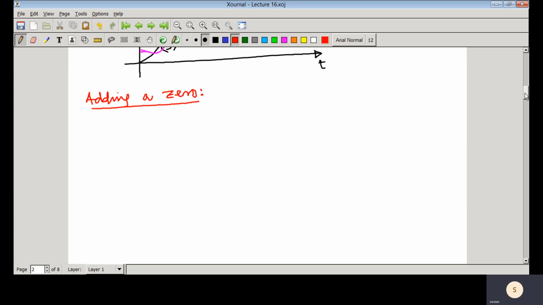Here we can understand that suppose we have a transfer function G(s) equal to 1 by s square plus 1. Suppose we have a second order transfer function given in normalized form.